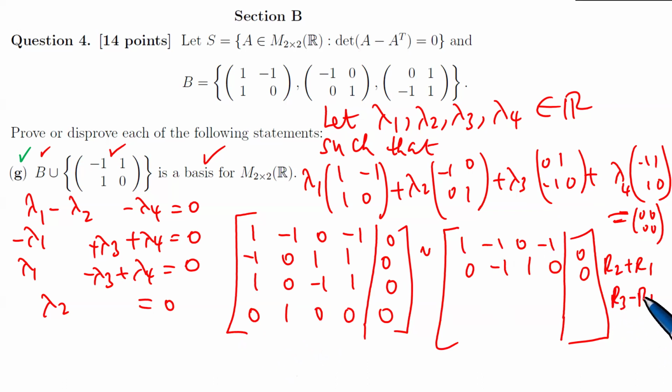Now, we are saying row 3 minus row 1, row 3 minus row 1, so it's going to be 1 minus 1, 0, this and that, 1, this and that, minus 1, this and that, 2, this and that, 0. And then we have 0, 1, 0, 0, 0.